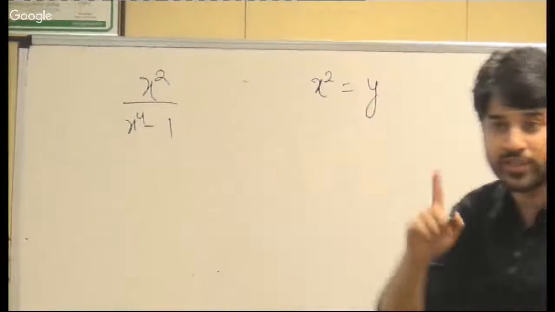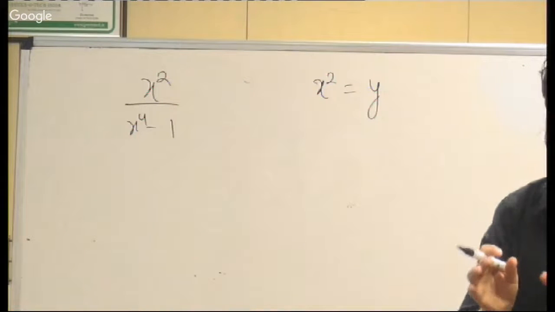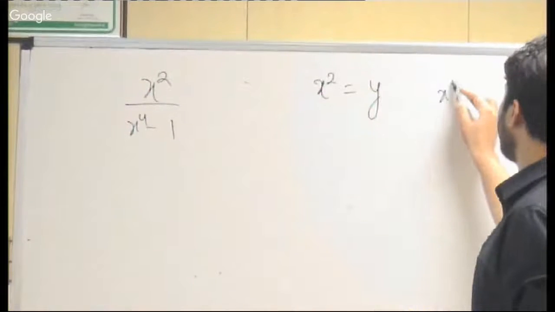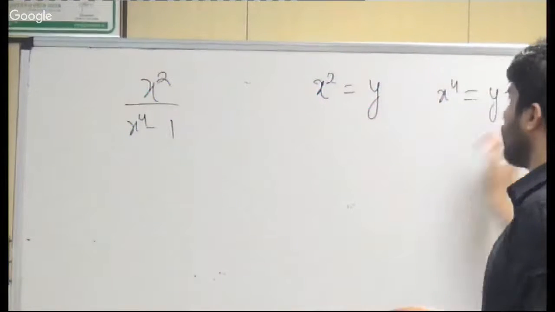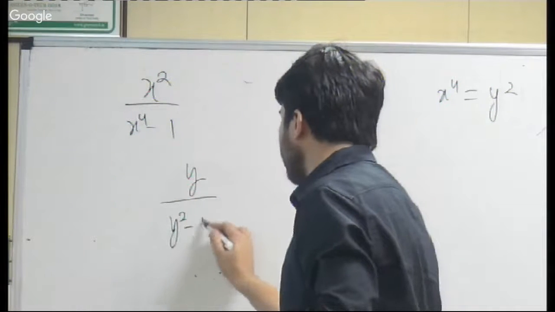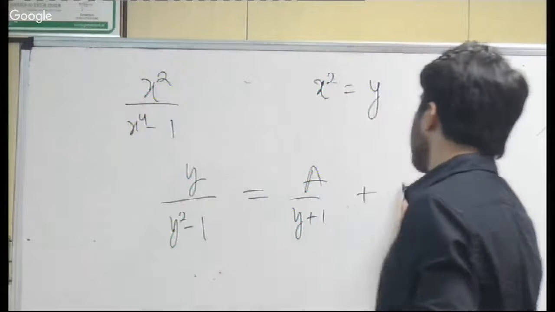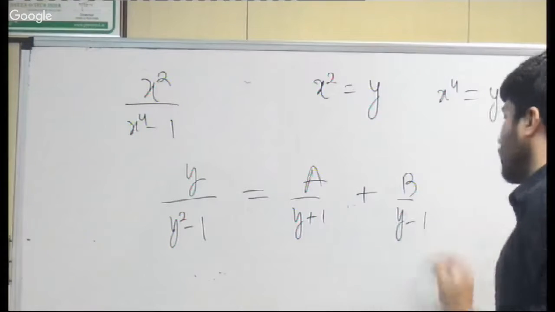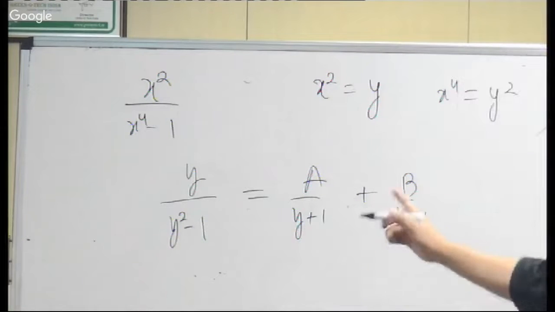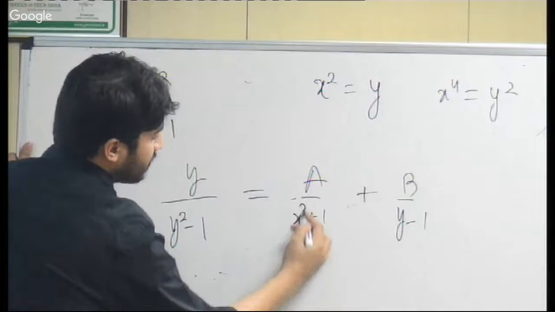I'm not going to substitute it. I'm trying to break it into partial fractions. So I'm going to say x square is y and x to the power 4 naturally will become y square. So my idea is to write y upon y square minus 1 as a by something plus b by something. The moment I get my a and b, I can find my answer.